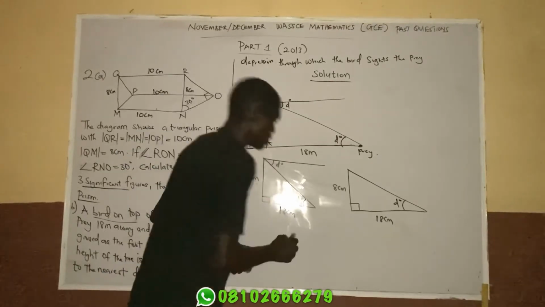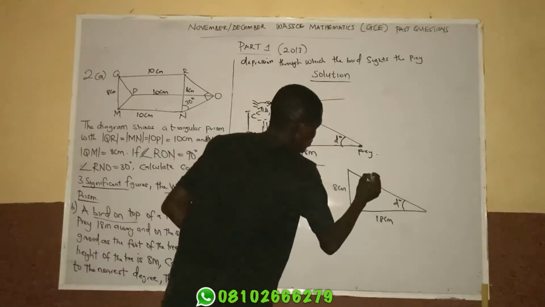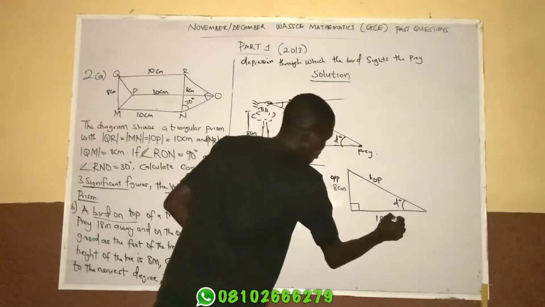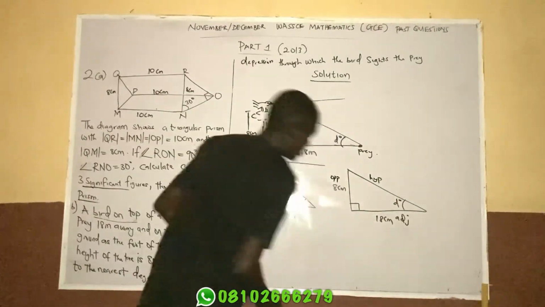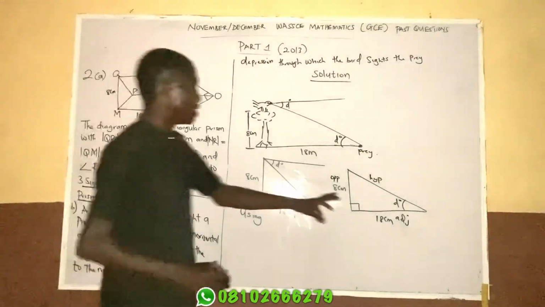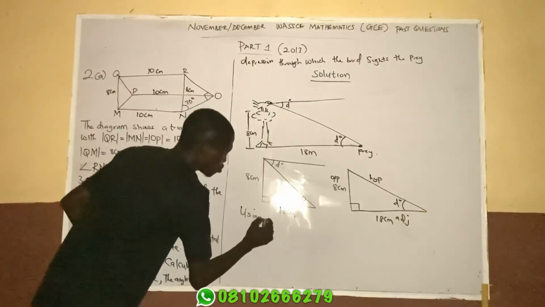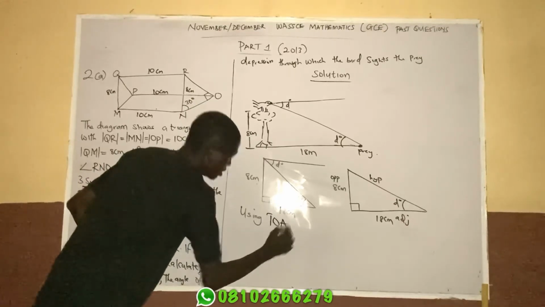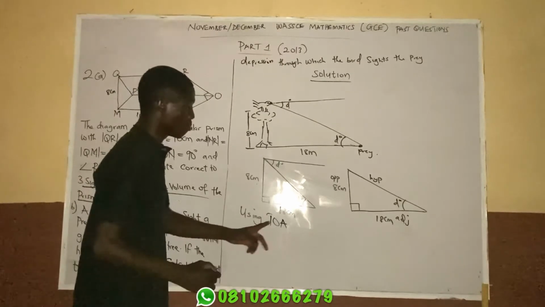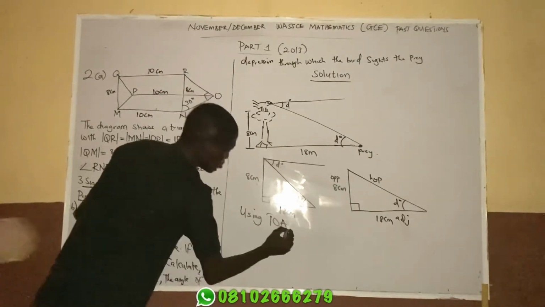Knowing this one is the hypotenuse, the longer side, this is the opposite and this is the adjacent, you can easily get the angle of depression using SOH CAH TOA, using TOA.